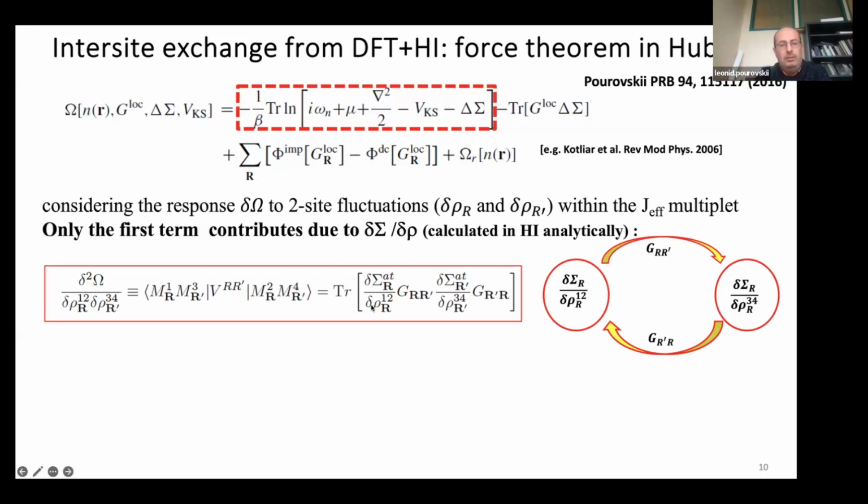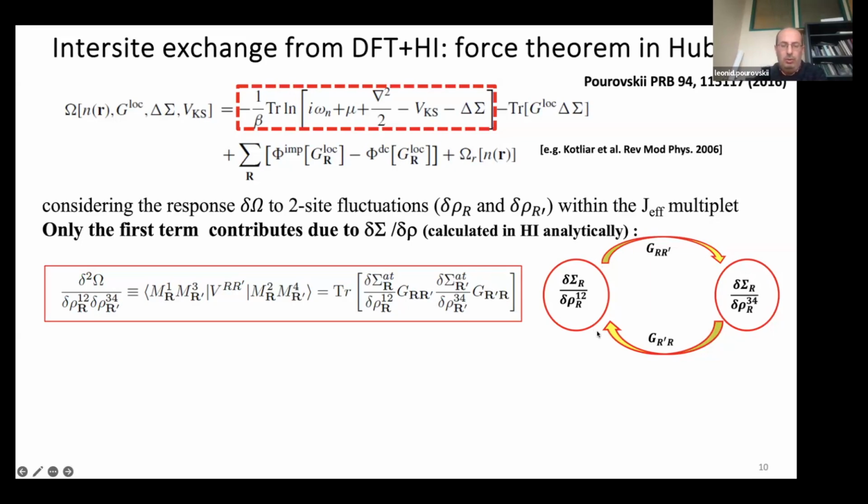It includes the response of the atomic self-energy to the appearance of this kind of symmetry breaking on one site, the same for the second site, and also one-electron propagators connecting one site to another and back.